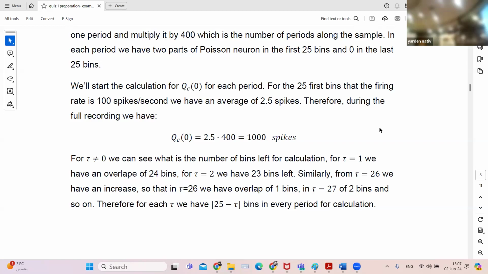Because you have here one that is overlapping with this one, so you take one less. It depends on where you're looking. I'm looking at the spike here in relation to the spike here. So you have 24 spikes here, and they could be overlapped with 24.